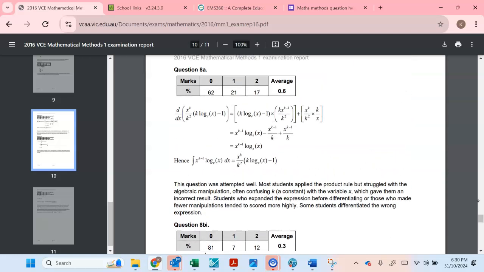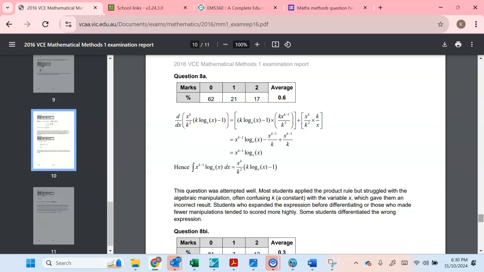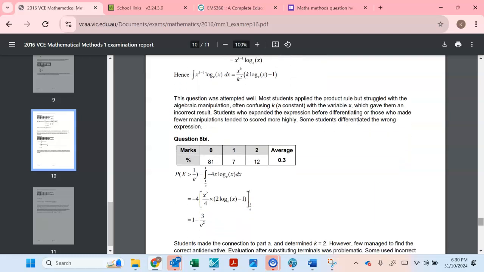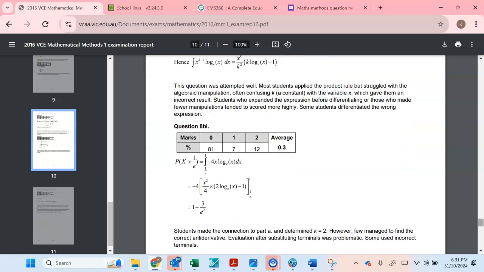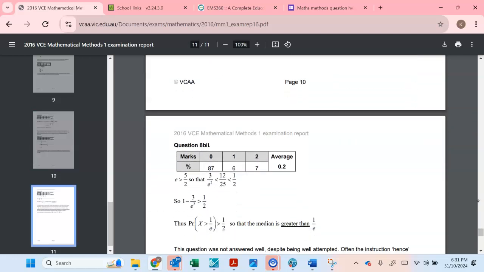Part 8A is an integration by recognition question, not overly difficult, but only 17% of students got full marks for it. Then 12% got full marks for part B part 1, and 7% for B part 2.